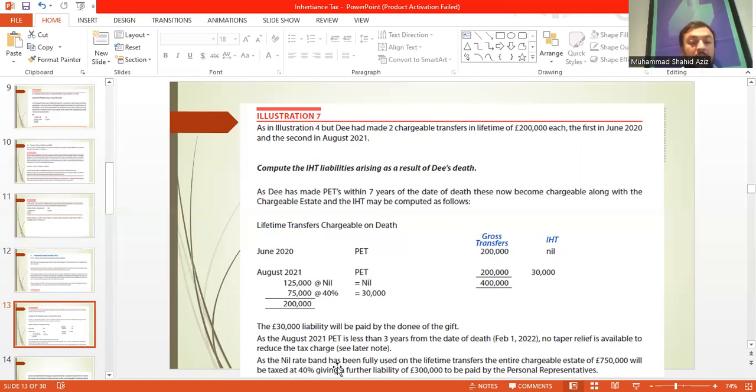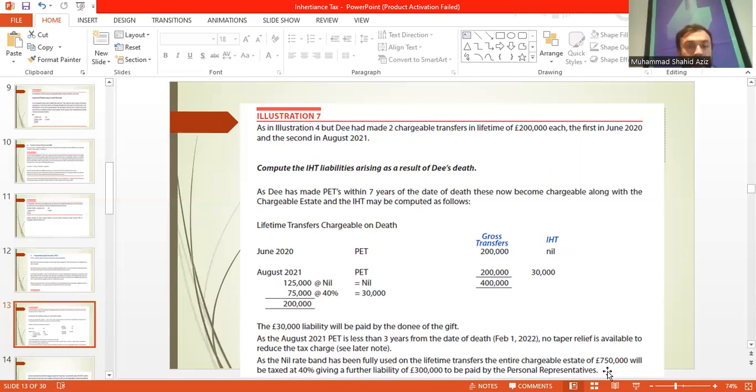As the nil rate band has been fully used on the lifetime transfer, the entire chargeable estate of 750,000 will be taxed at 40%, giving a further liability of 300,000 to be paid by the personal representative.